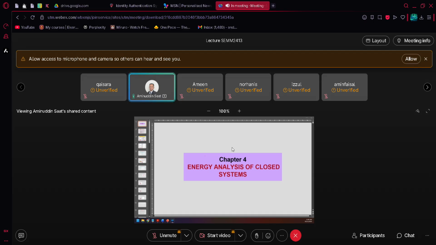Even though this is not part of your test, I believe some of the examples or exercises for this chapter are a good way to practice for your test one, because some of the exercises use the same approach, like how to define the properties, and how to calculate the properties based on other given properties, intensive properties.